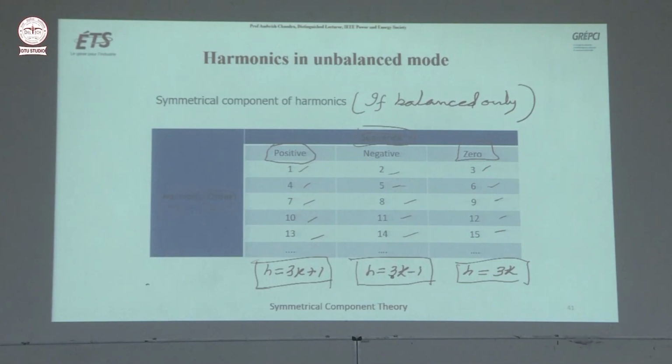Okay, now tell me, if I have the 25th harmonic, is it a positive sequence or zero sequence or negative sequence? You should be able to tell just right now, because you know the equation here. h is equal to 3k plus 1.